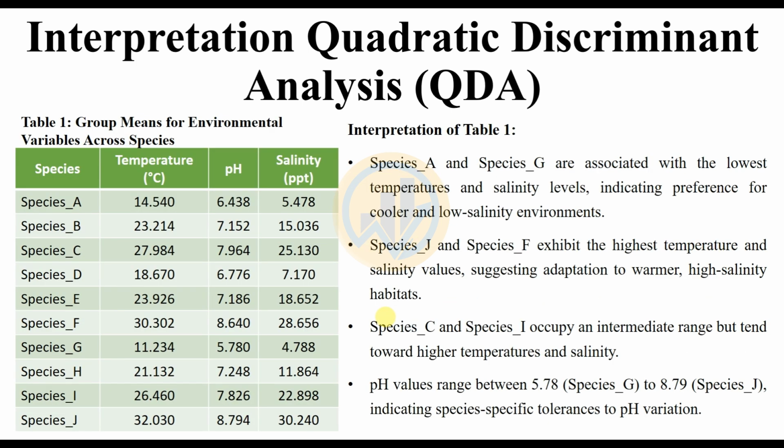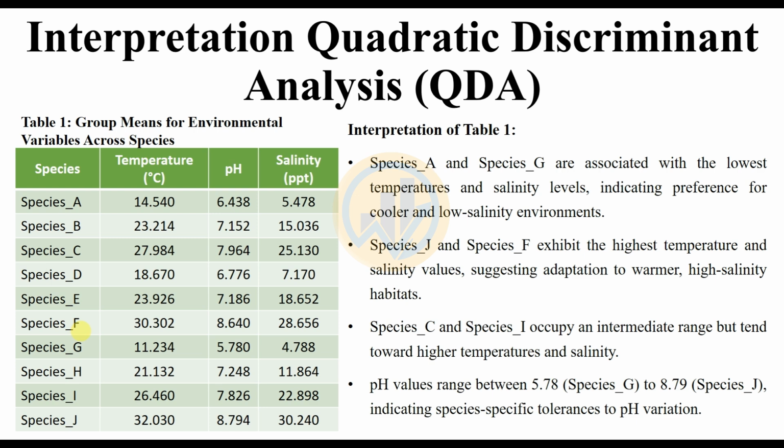Table 1: group means for environmental variables across the species A to J. The temperature unit is degrees, and the salinity unit is ppt. So, the interpretation of Table 1: species A and species G are associated with the lowest temperature and salinity levels, indicating a preference for cold and low-salinity environments. Species J and species F exhibit the highest temperature and salinity values, suggesting adaptation to warm, high-salinity habitats.